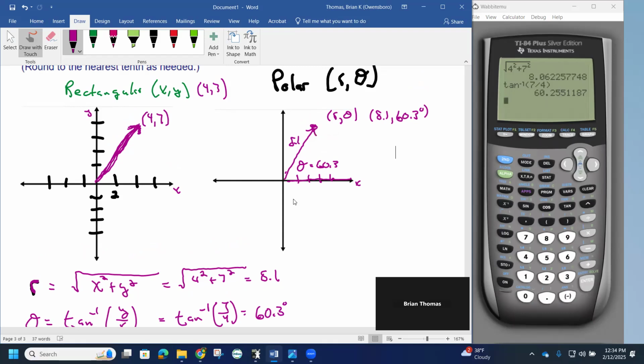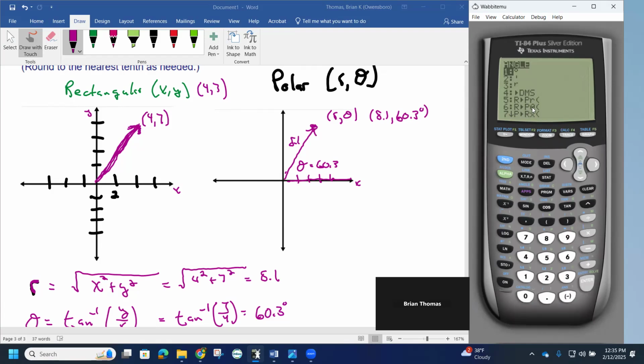Now, instead of using formulas, we can use the calculator. Notice under angle, we have R P r and R P theta. This means rectangular to polar. The first formula will do the magnitude.